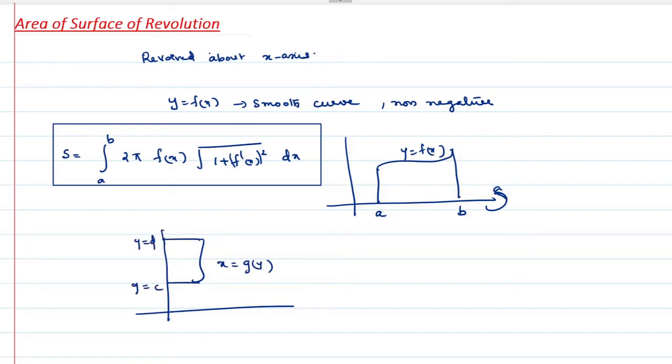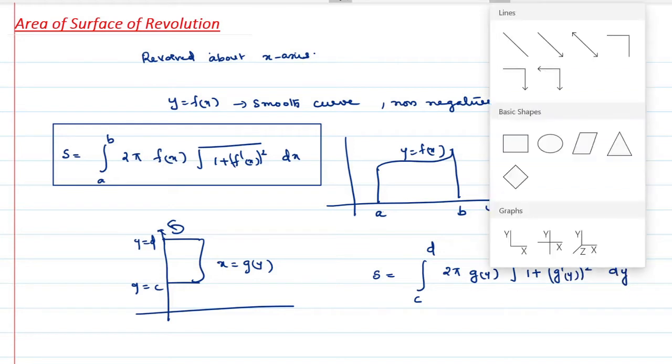If it is revolved about the y-axis, we get a solid of revolution or the surface, and the area of that surface is given by the formula S is equal to integral from c to d of 2 pi g of y into root of 1 plus g dash y square with respect to y. Right? So we have got both formulas.